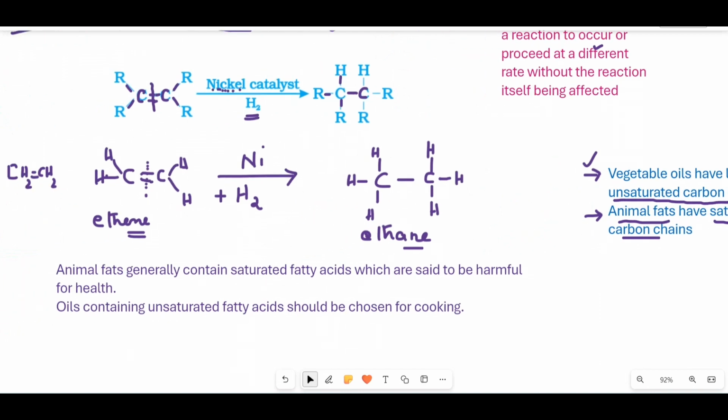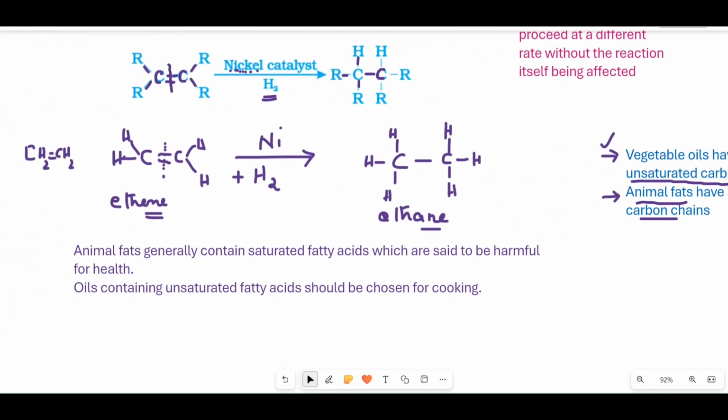Now we have to check which one is better for our health. Is it animal fat or is it vegetable oil? Animal fats contain saturated fatty acids, which are said to be harmful for health. So we should not choose any animal fat for cooking.